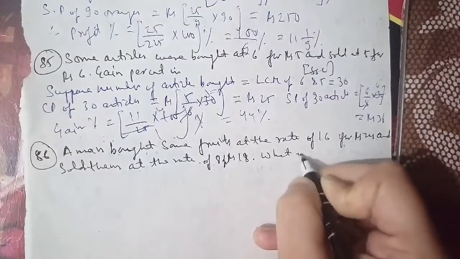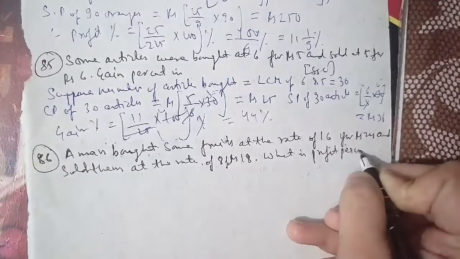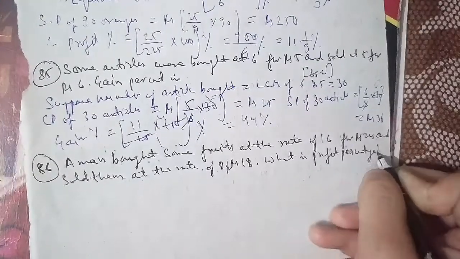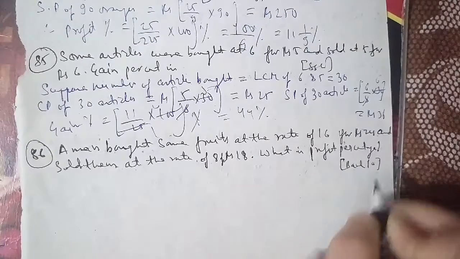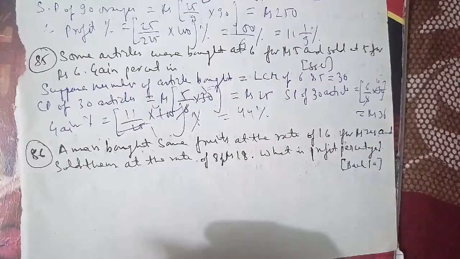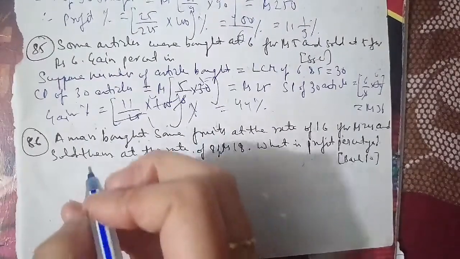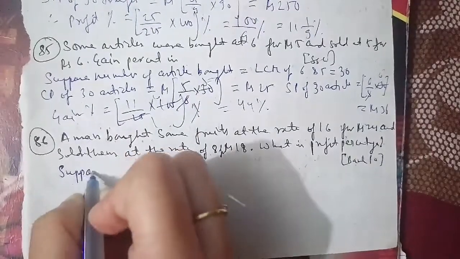That has been the 86th question of the session. So here for the same, suppose the number of fruits bought equals the LCM of 16 and 8, which equals 16.